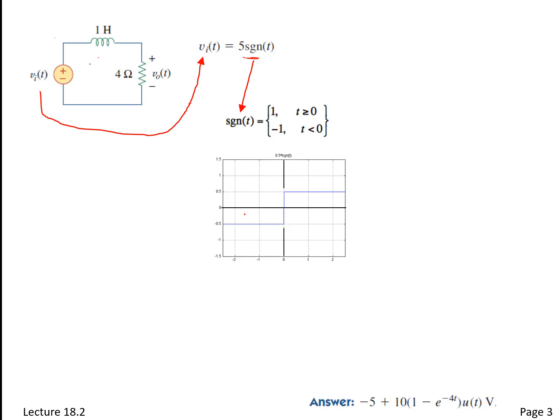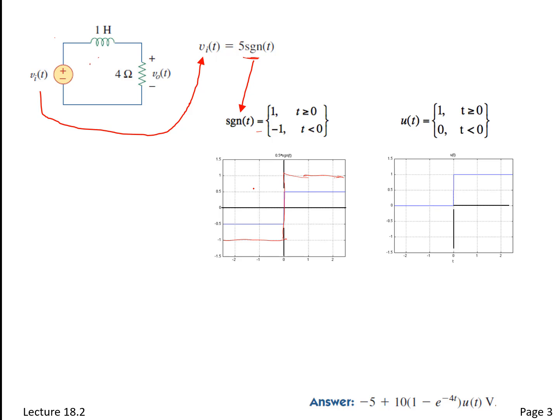This is basically that function. Literally, this function would go from down here up to here and over. So that's the sinum. Okay, it is related to the unit step function in that the unit step function is only positive and 0 if time is negative.